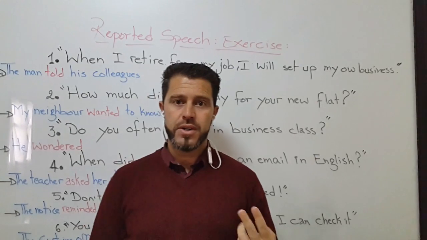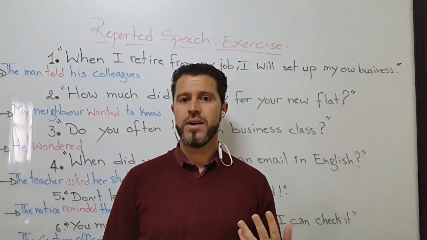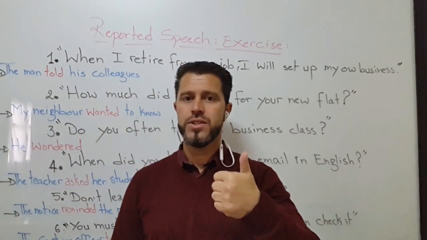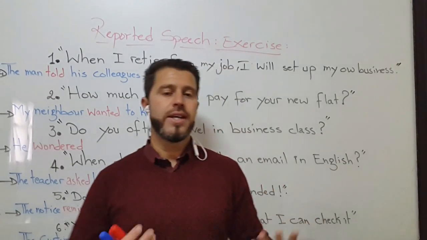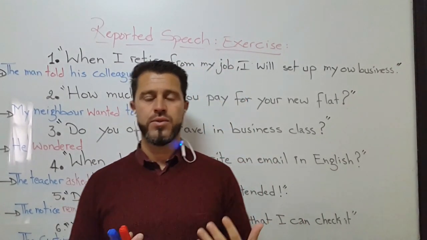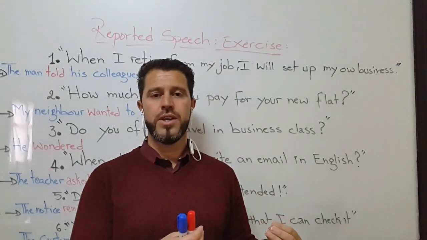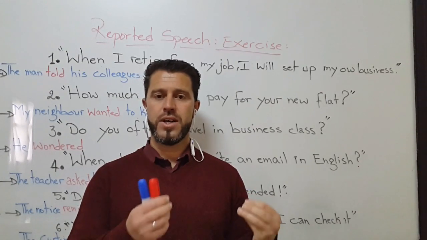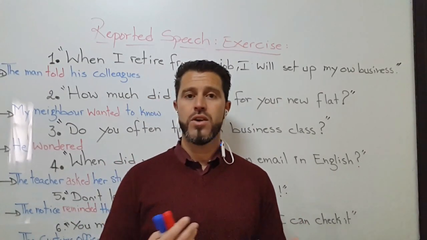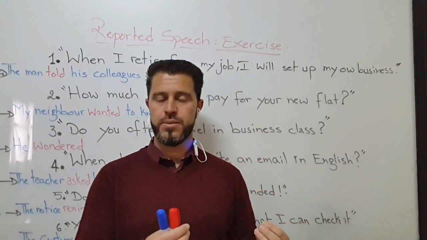Good. Second sentence is question. If you still remember questions, how many basic questions do we have in English? Yes, great, 2. WH questions and yes-no questions. So in WH questions, what we do? We keep the WH word, for example: what, when, why, who, where, etc. We keep it and write it.